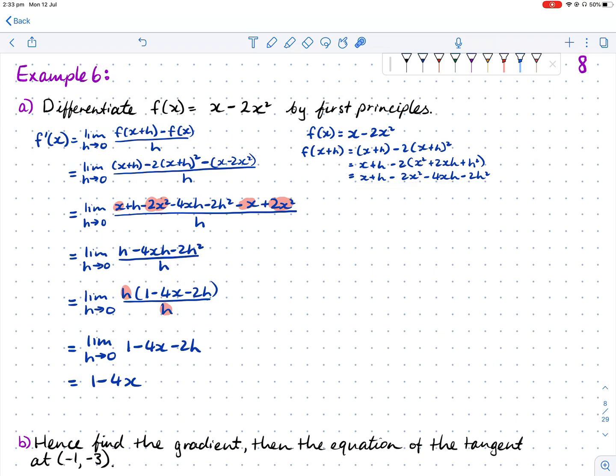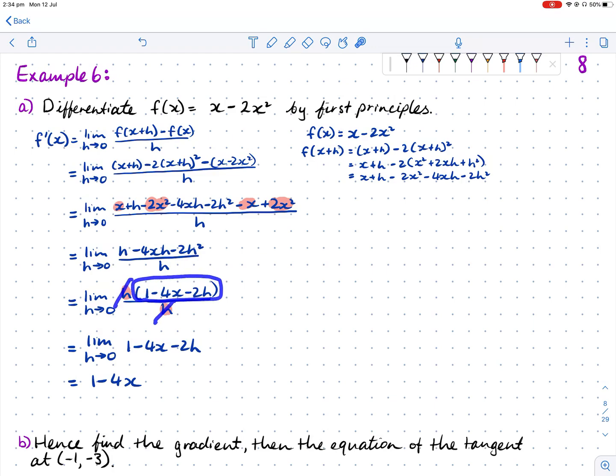This is where your algebra needs to be very, very good. So when we put all that together, the x's will cancel, the 2x squareds will cancel, and then we're just left with h minus 4xh minus 2h squared, still over h. So the denominators, you need to make sure you remember the denominator all the time. h is a common factor, so we can take that out, and we've got 1 minus 4x minus 2h left.